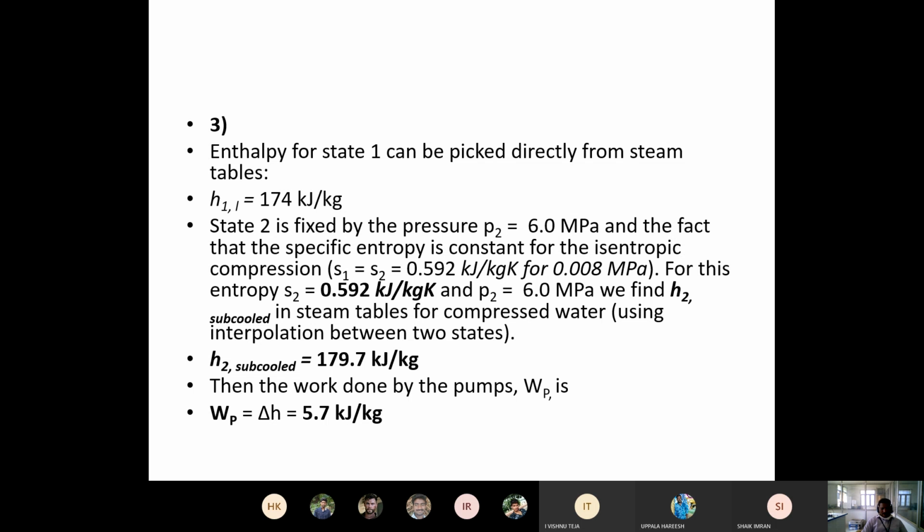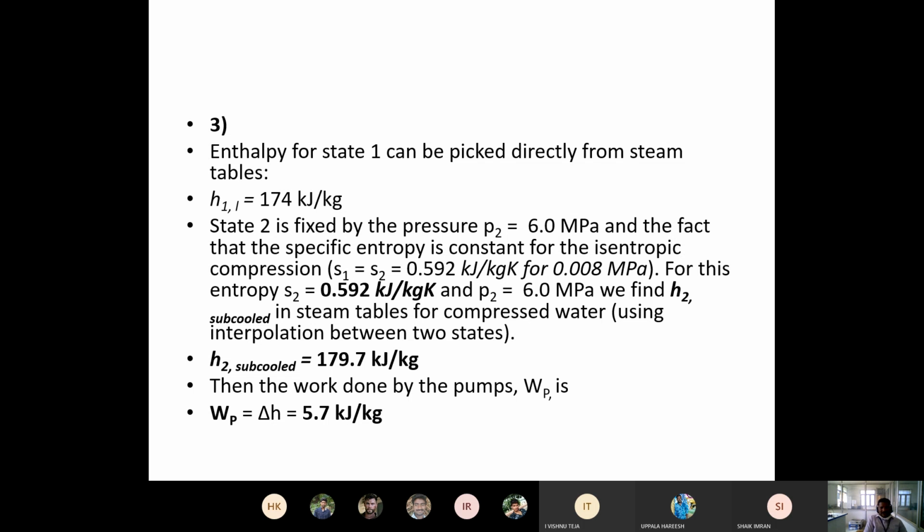S1 is equal to S2, that is equal to 0.592 kilojoules per kg degree K. For that given pressure 0.008 megapascal. For this entropy, S2 is equal to 0.592. This is also directly taken value at 6 megapascal, SF2 value.